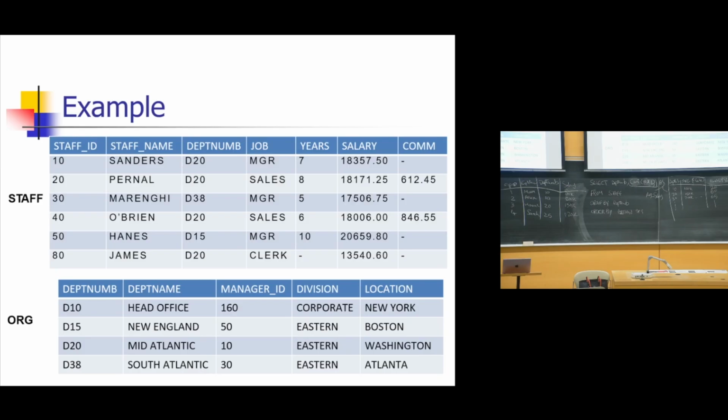Just remember these two tables, because most of the queries that we are using today are based on the data in these two small tables. One is the staff table, having the staff ID, staff name, department number, job, number of years, salary, and commission. And an organization table, which is like the department, with department number, name, manager ID, division, and location.